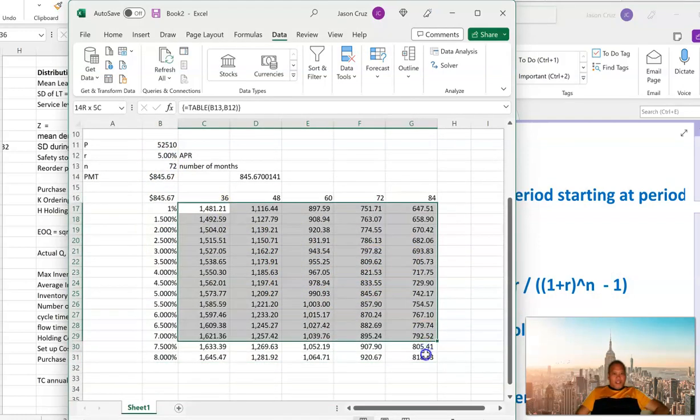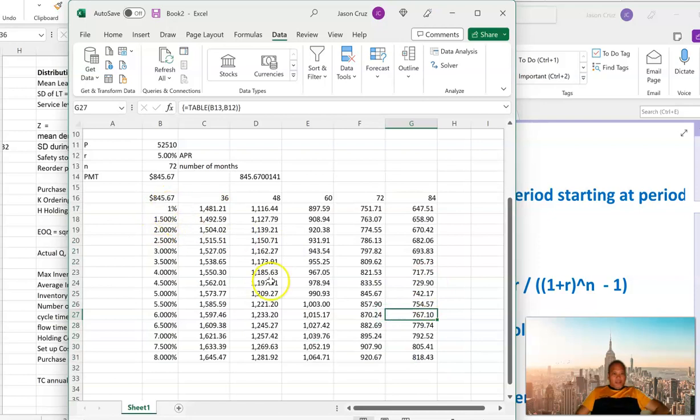This table is going to tell you what the monthly payment will be for every interest rate and for every loan term that you choose. In this case, 5% and 72 is 845.67. That's the answer that we have.